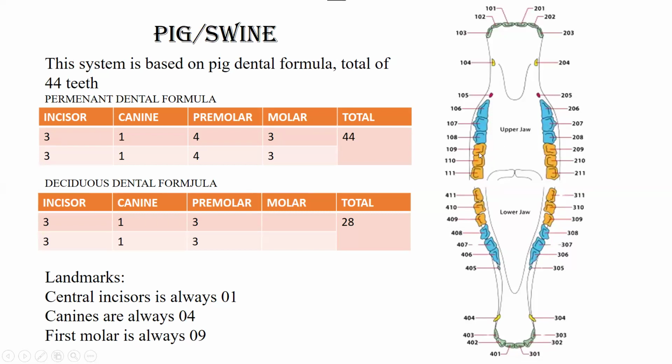We will see in the next slides the dental formulas of the other animals, and we will see that these landmarks are fixed and the same for all animals. For simplicity: central incisor is always 1, canine is always 04, and first molar is always 09.